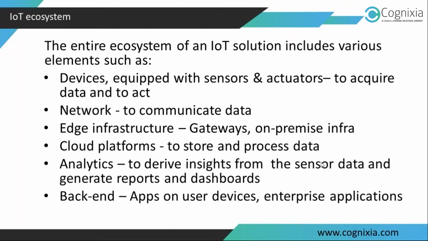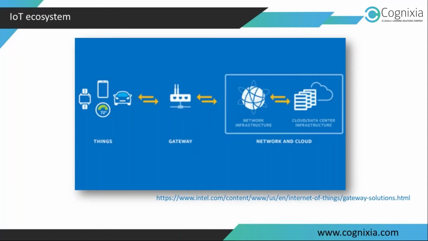In most cases, a cloud platform acts as a bridge. It connects your devices deployed across the field with backend applications, either running on user devices or enterprise applications. So the picture on my slide will give you an idea of an end-to-end IoT ecosystem.